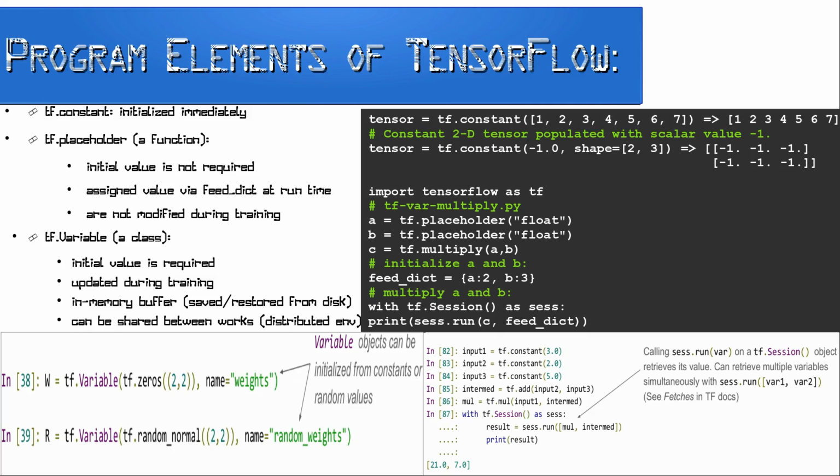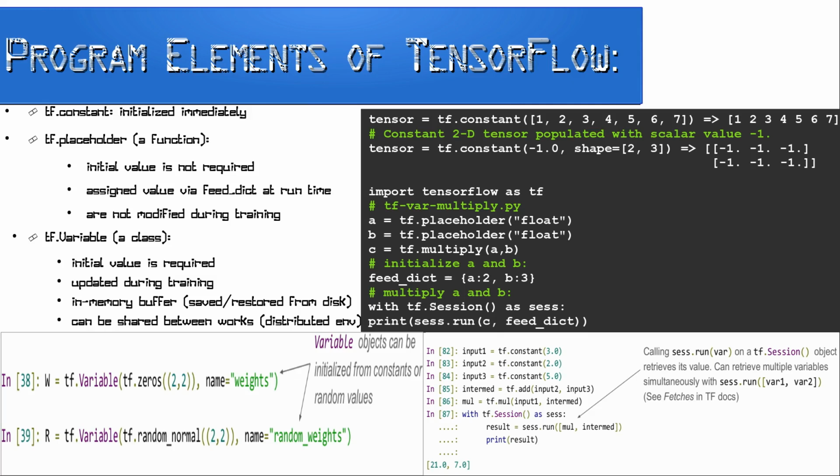So let's read the code related to TensorFlow variables. w1 is equal to tf.ones within round brackets, pass a tuple 2, 2. w2 is equal to tf.Variable, within round braces we pass tf.zeros with parameter of a tuple 2, 2, name is equal to weights.